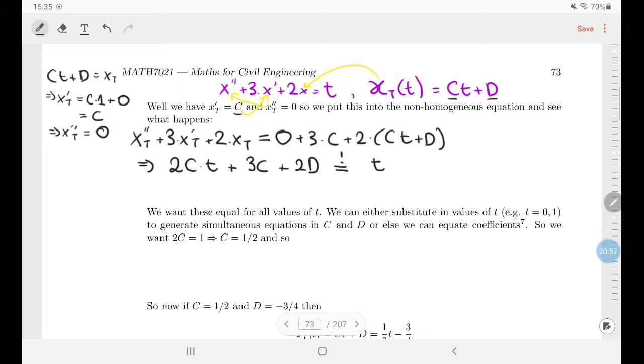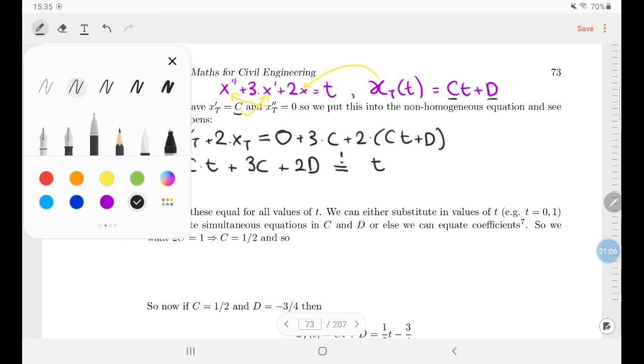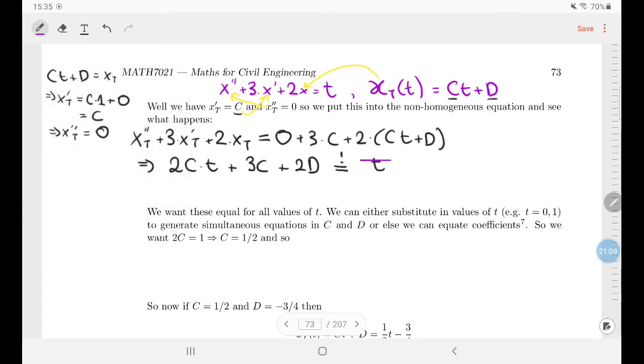Now there's different ways of thinking about this. I'll maybe explain a couple of them. So t on its own is actually 1t plus 0. If you want these to be equal for all values of t, I want to find the values of c and d that make these two things on the left and the right equal for all values of t.